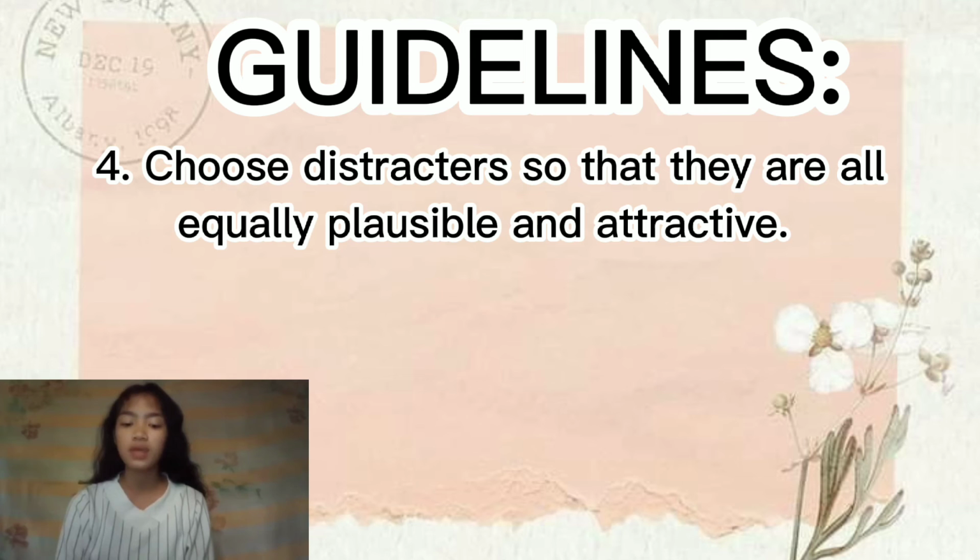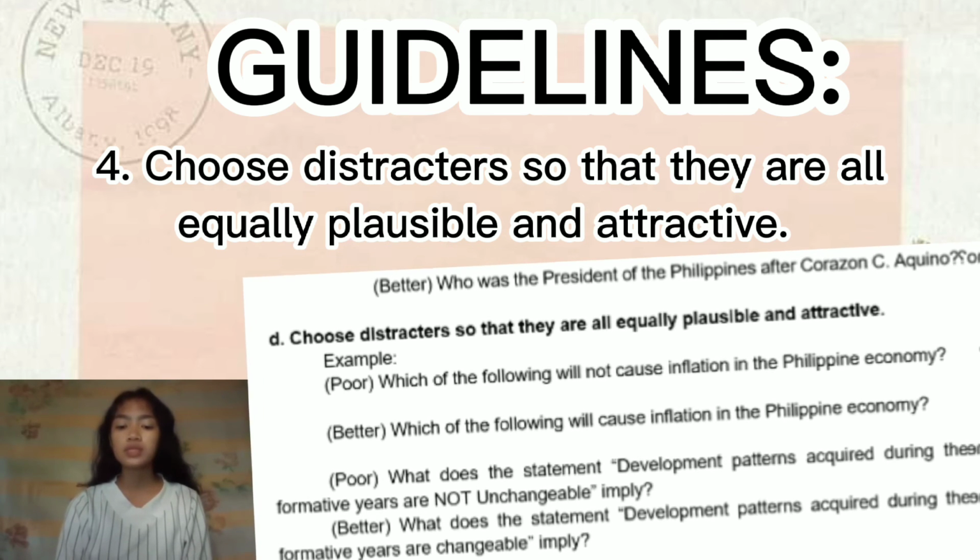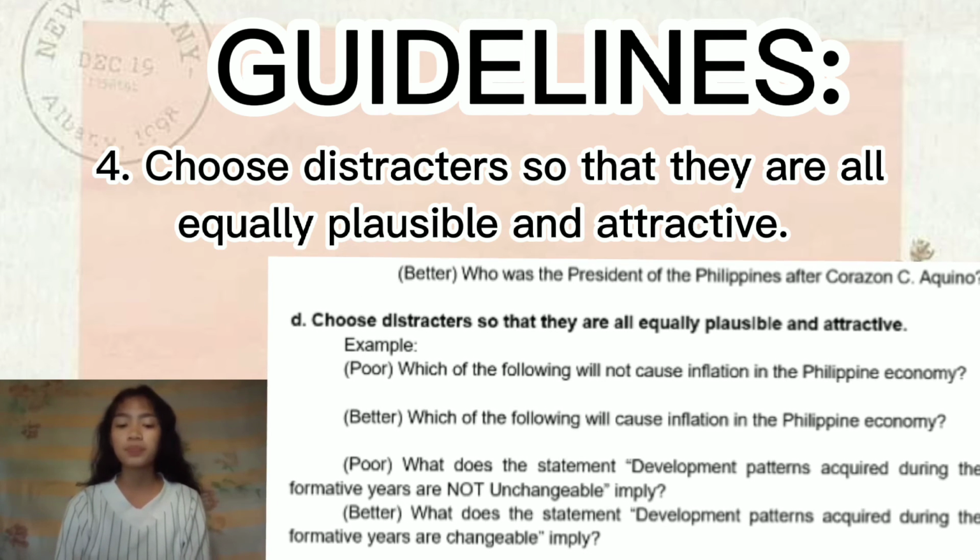plausible and attractive. Do not use negatives or double negatives as such statements tend to be confusing. It is better than sentences that would require expertise in grammatical constructions. Example: which of the following will not cause influences in the Philippine economy?